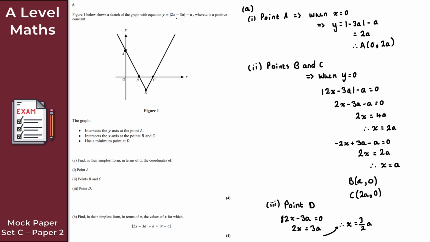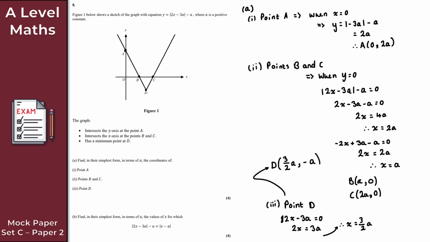This part is 0, so my y coordinate is minus a. So for the coordinates of the point D, in its simplest form in terms of a, I've run out of room, so I'll write it above. D has coordinates of (3a/2, minus a).